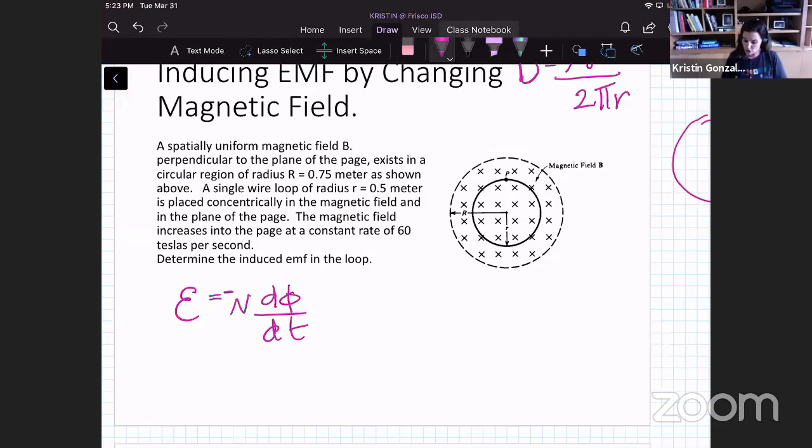And so then we also know that, well, I'm not given what the change in flux is, but I can plug in how we get the flux.